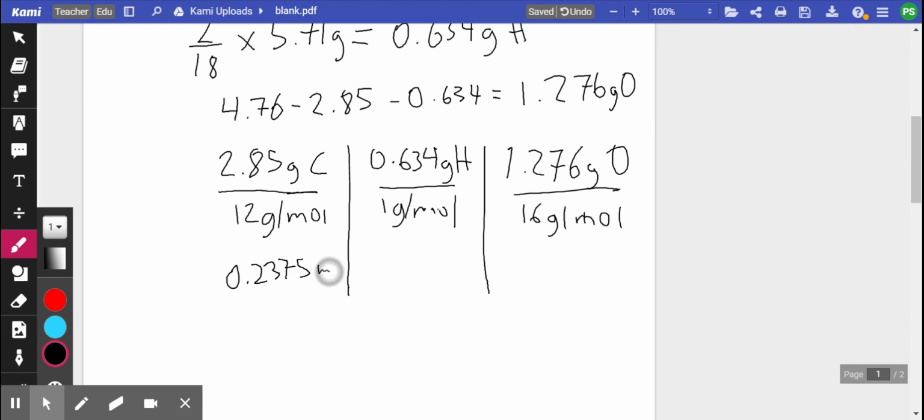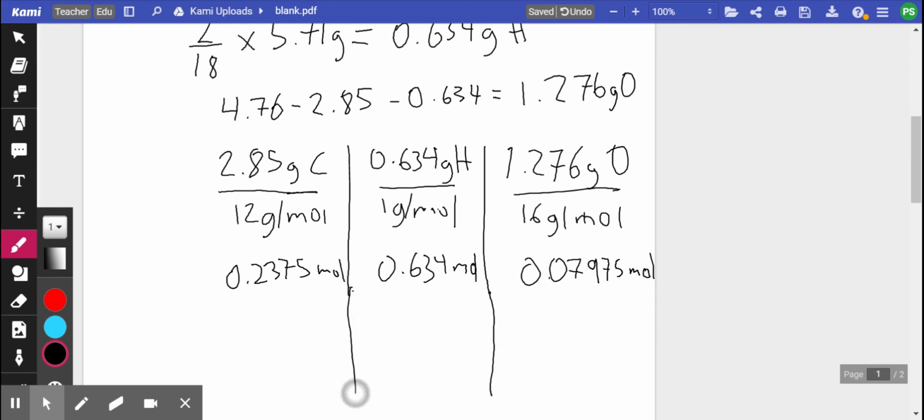So this many moles here, 0.634 for hydrogen and 0.07975 moles of oxygen.